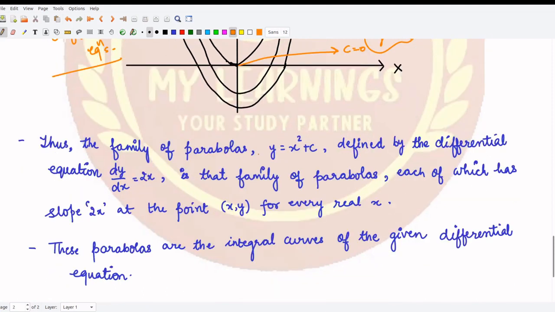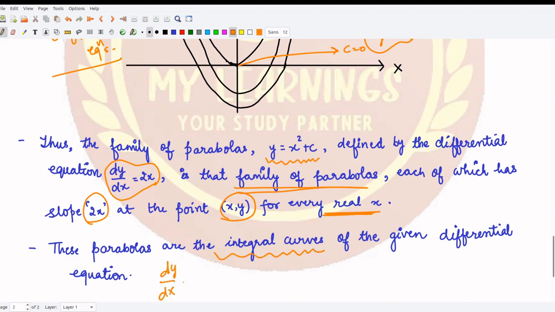Thus the family of parabolas y is equal to x square plus c defined by this differential equation dy by dx is equal to 2x is that family of parabolas in which we have the slope 2x at the point x comma y for every real value of x. And in fact these parabolas are the integral curves of your given differential equation dy by dx is equal to 2x, correct?